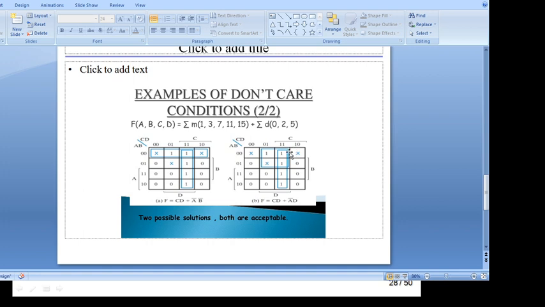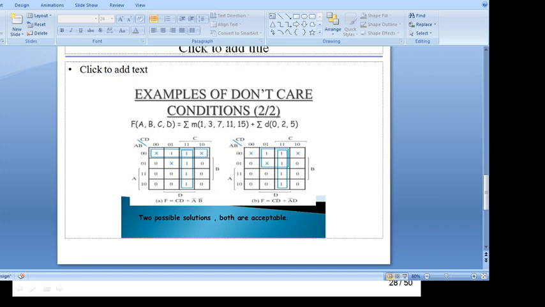Similarly, either you can make this quad or you can make this quad. So there are two possible answers. F equals CD plus A bar D, and here CD plus A bar B bar. This is the same question which I explained just now.